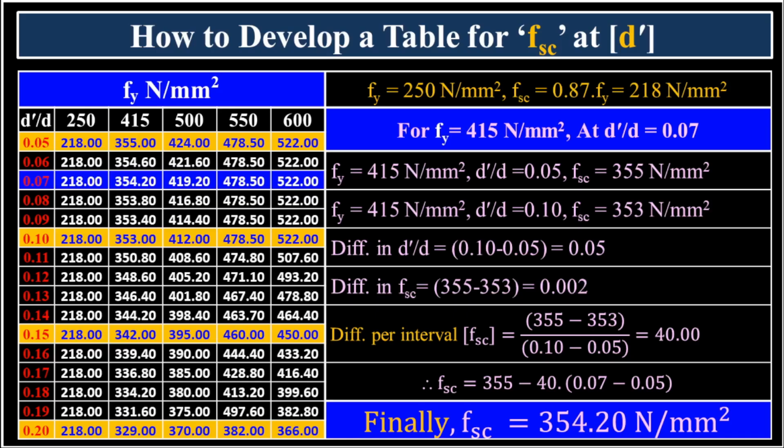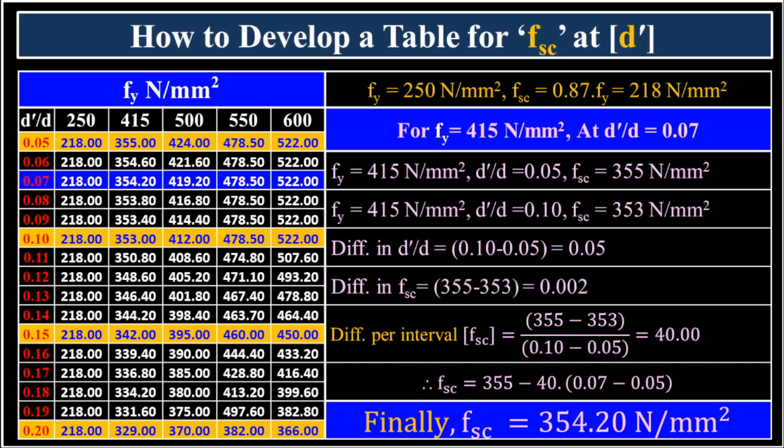From our table, we know that for Fy equals 415 Newton per square millimeter, at d/d equals 0.05, FSC is 355 Newton per square millimeter. And at d/d equals 0.10, FSC is 353 Newton per square millimeter.